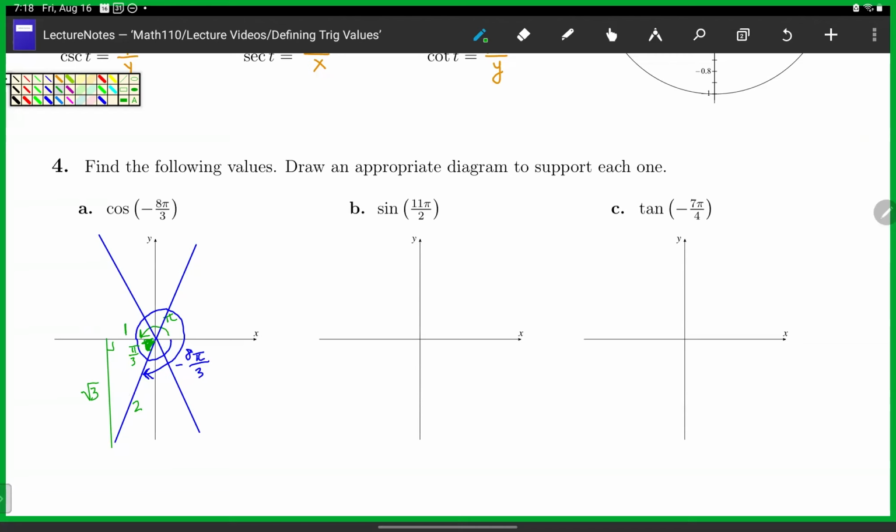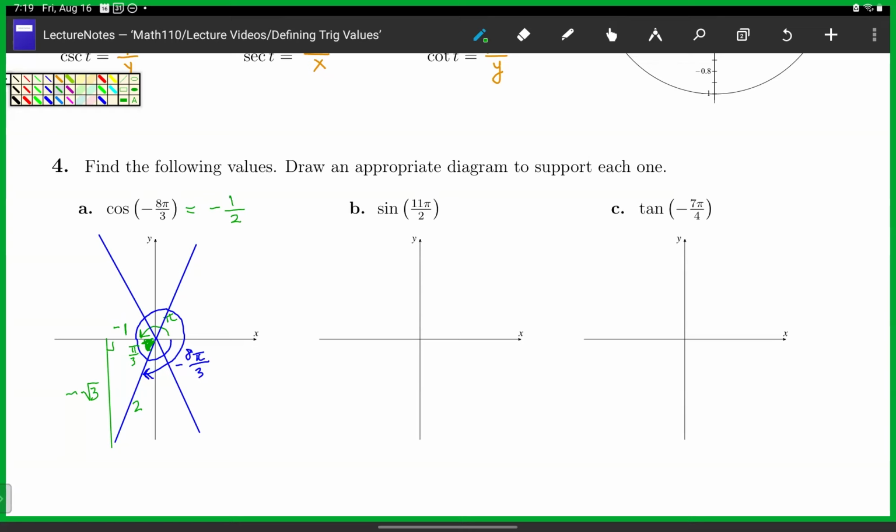So the x-coordinate is negative here, and the y-coordinate is negative here. And cosine is adjacent over hypotenuse. Adjacent is adjacent to the angle at the origin. So this is going to be negative 1 divided by 2, or negative 1/2. That is my picture that helps me figure out what cosine of negative 8 pi over 3 is.